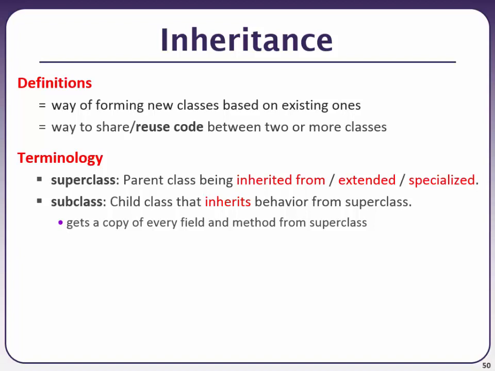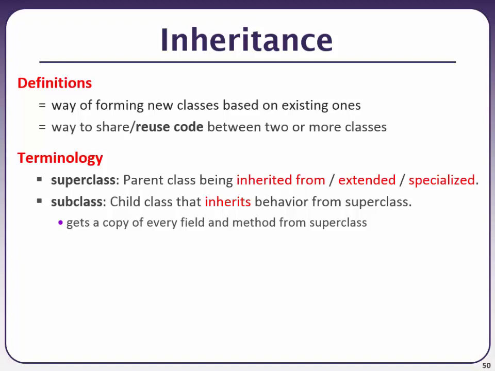So we would say that the superclass is a parent class, the subclass is a child class. The relation between them is inheritance. So we say that the secretary class inherits from the employee class, or extends the employee class, or specializes the employee class. And it inherits, therefore, all the behaviors and fields that are in that superclass.